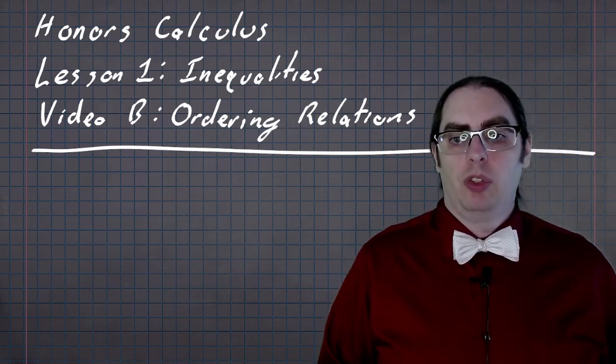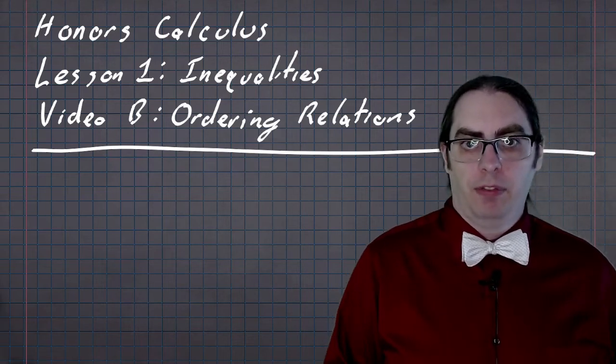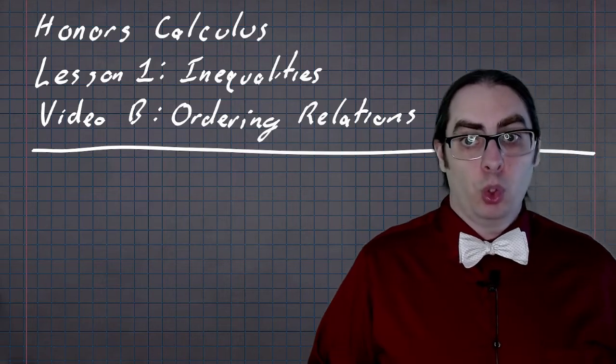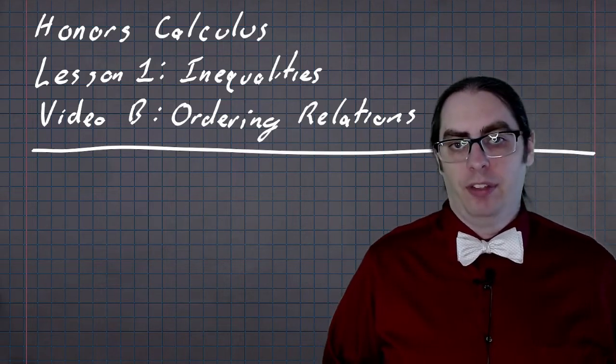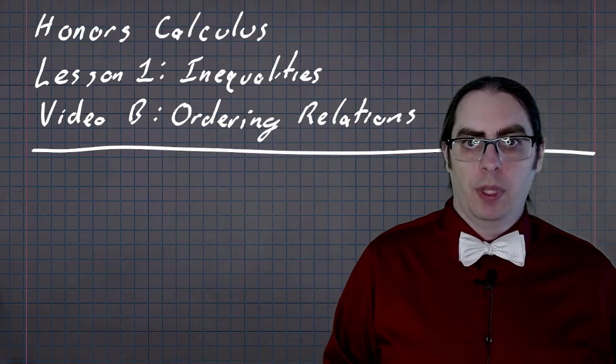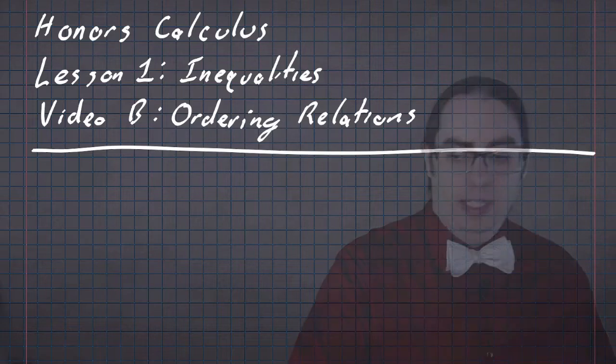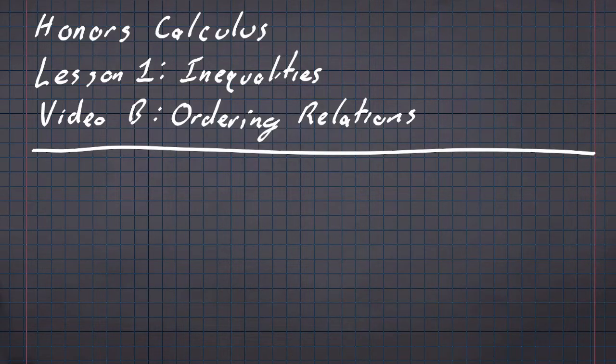And ordering relations are important because you'll remember from the last video that the real numbers are defined as an ordered field, a field that has an ordering relation. So, with these ideas in mind, let me get my head out of the way and we'll dive in and start looking at some of these ideas of orderings.